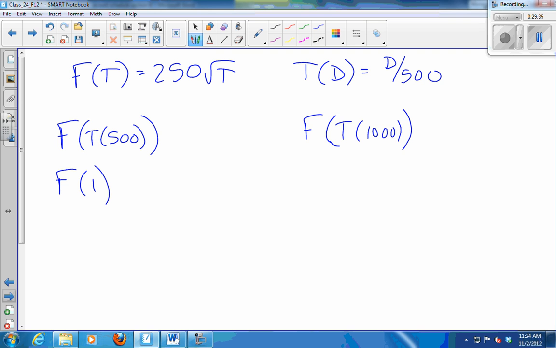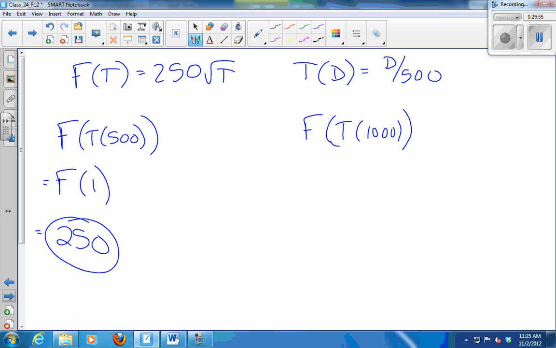So I get F of 1. And then what is F of 1? 250. 250 times the square root of 1 is 250. So I get the same answer using the equations as I did using the graphs.